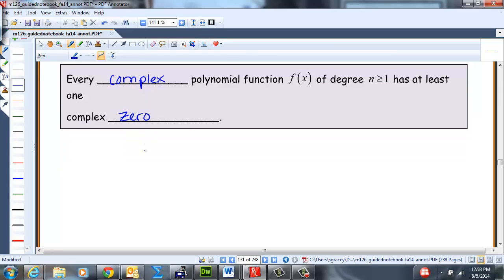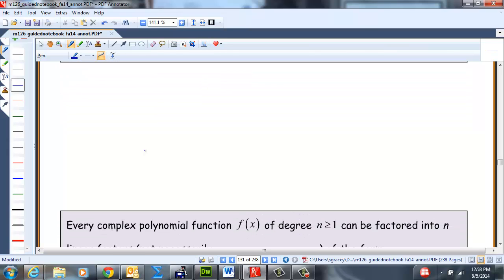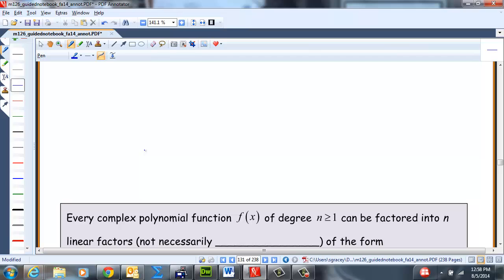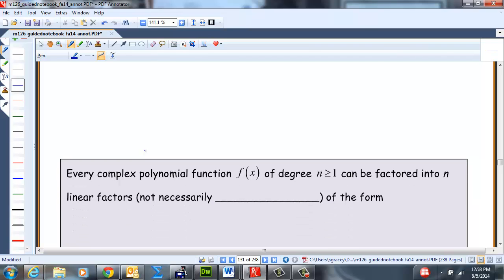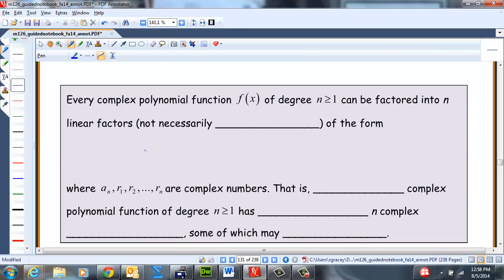So this brings us to the next statement. I'm going to do the proof above it, but this next statement basically says every complex polynomial function of degree n greater than or equal to 1 can be factored into n linear factors.